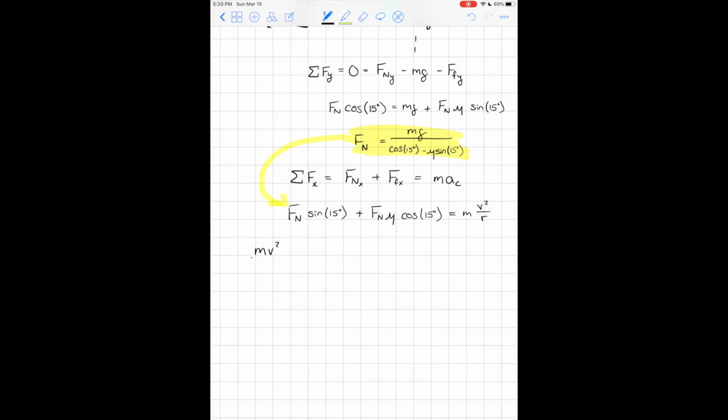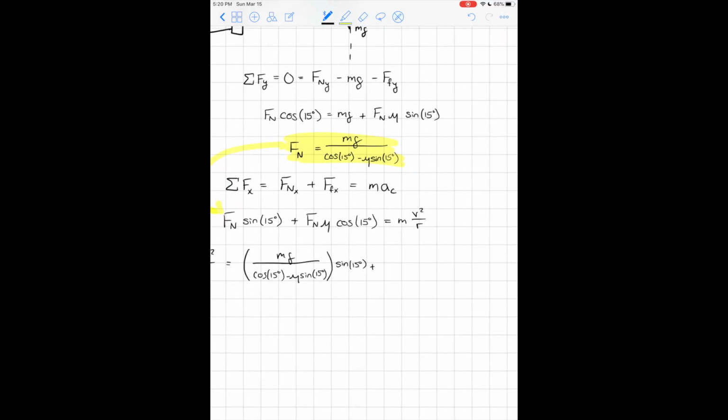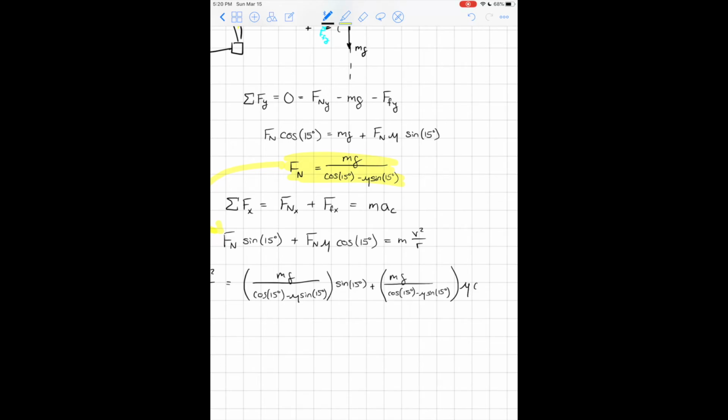Now mv squared over r equals, I have mg over cosine of 15 degrees minus mu sine 15 degrees, times sine of 15 degrees, plus that whole thing again, mg over cosine 15 minus mu sine 15, times mu times cosine 15 degrees.